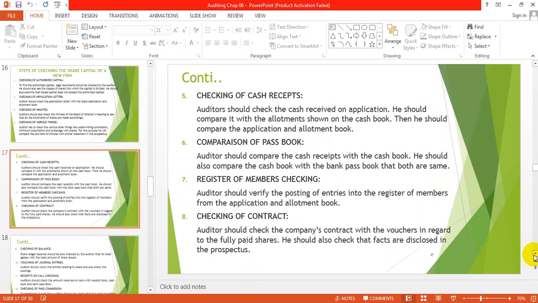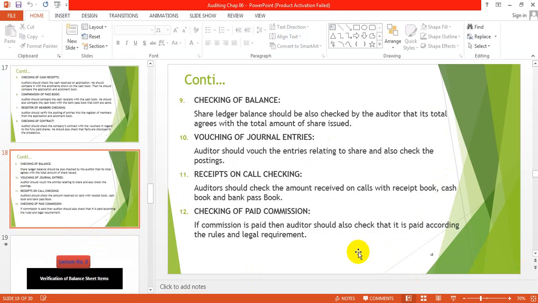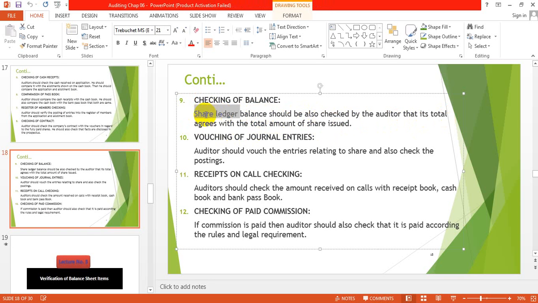Then, checking of balance. The share ledger balance should also be checked by the auditor, that its total agrees with the total amount of the shares issued. Checking of balance means there is a share ledger balance when shares are issued.